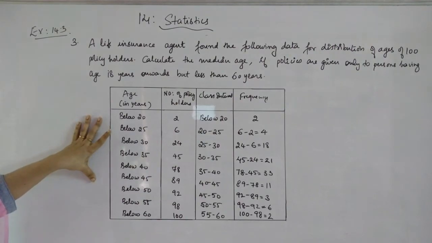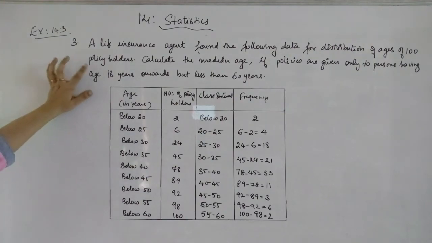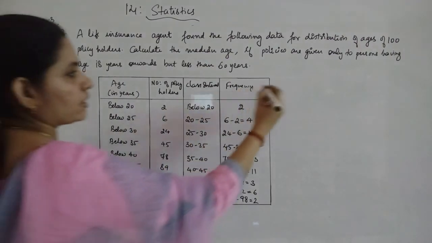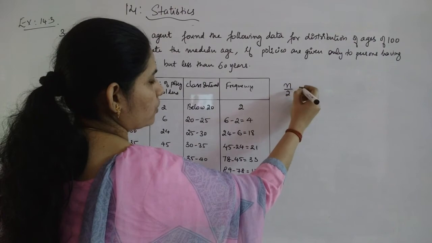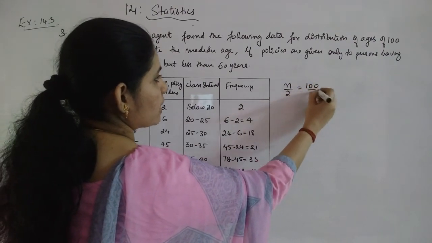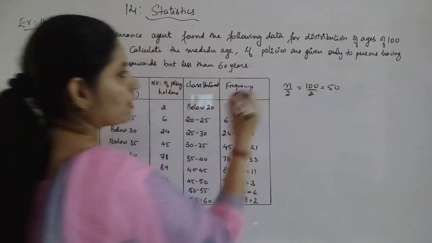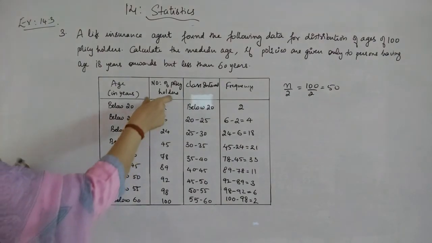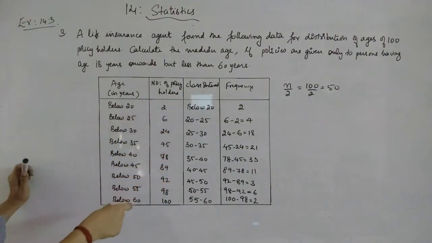Now we will find out the median. The first thing we will find out is n by 2. n by 2 is 100 by 2, which is 50, and you have to take the corresponding cumulative frequency value which is greater than 50.